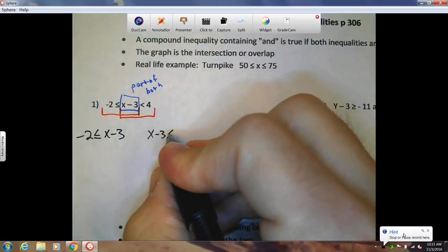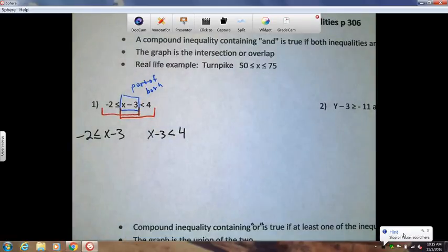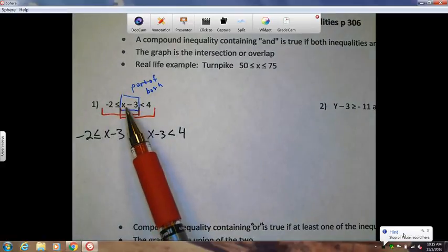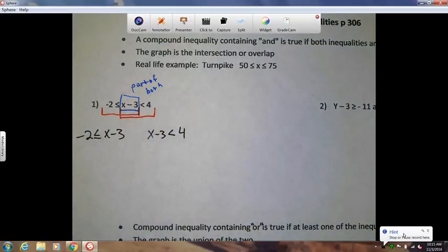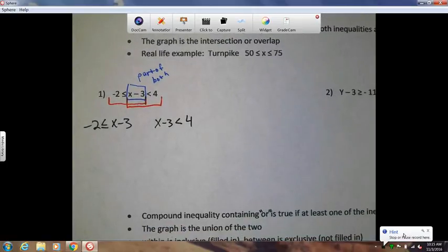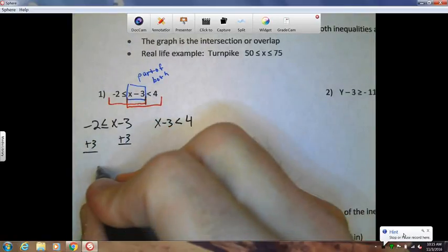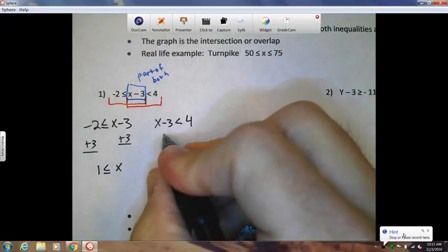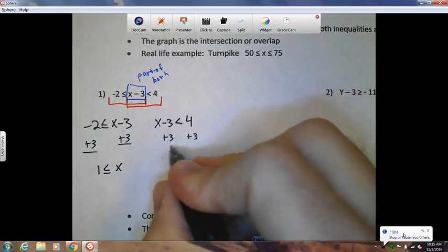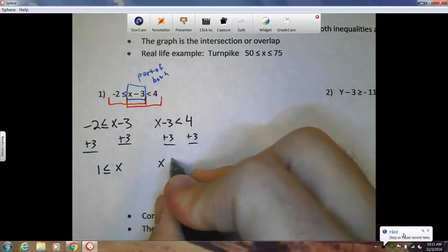But notice x minus 3 is part of both inequalities. Okay, then you just solve it. So I'm going to add 3. Okay, so I have that solved.